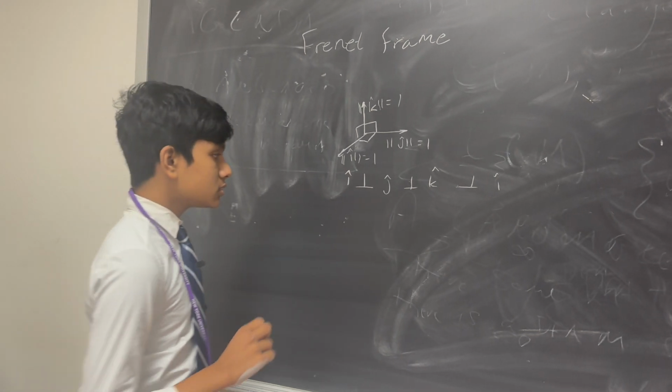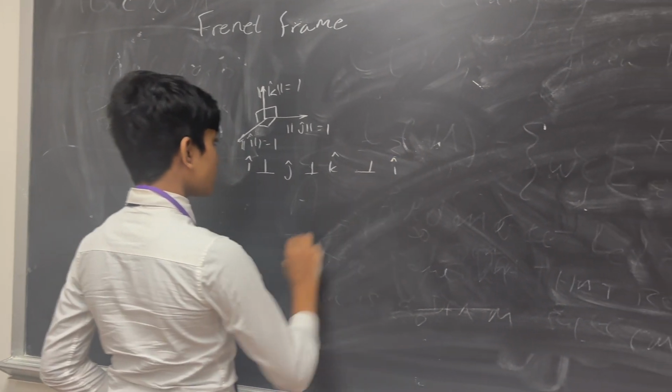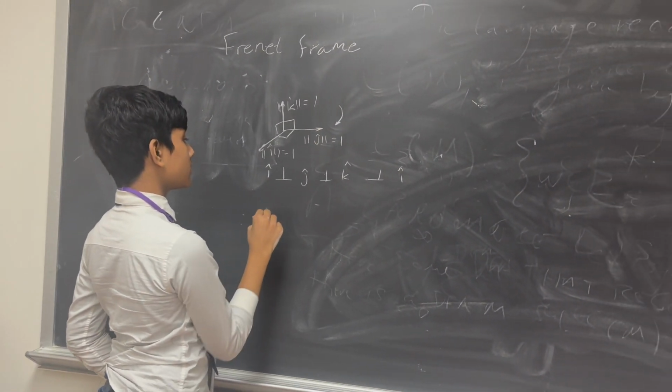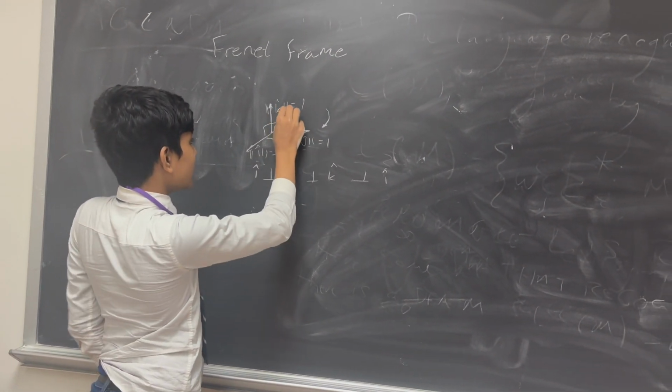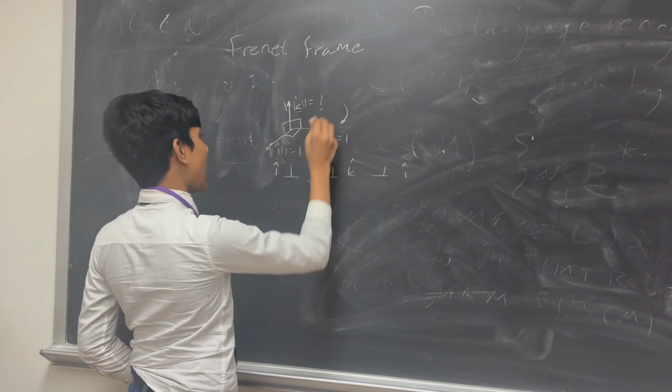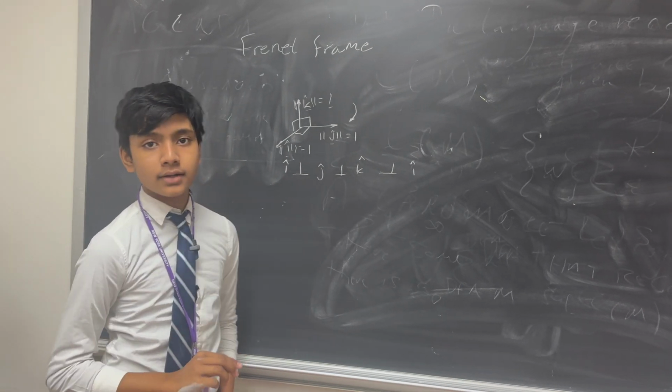Okay, so now this is what we're looking at right here. So we have i, j, and k. Each one is perpendicular to one another, and each one has a magnitude of 1.